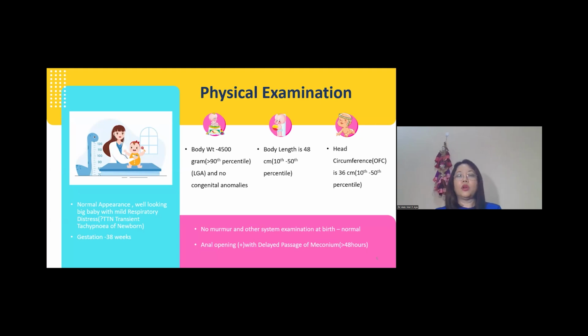The baby was a normal-appearing, well-looking big baby with mild respiratory distress. We did a systemic examination and there was no murmur. Other system examinations at birth were normal and the anal opening was present, but we noticed delayed passage of meconium, more than 48 hours after birth.